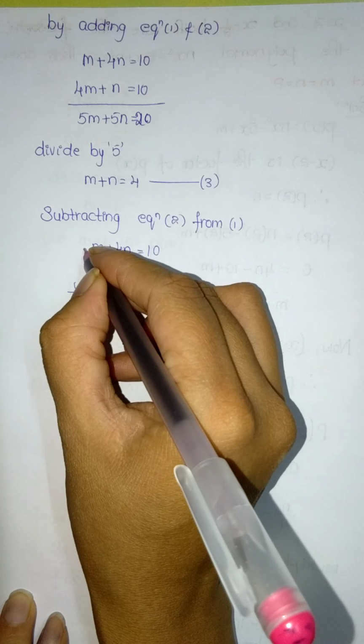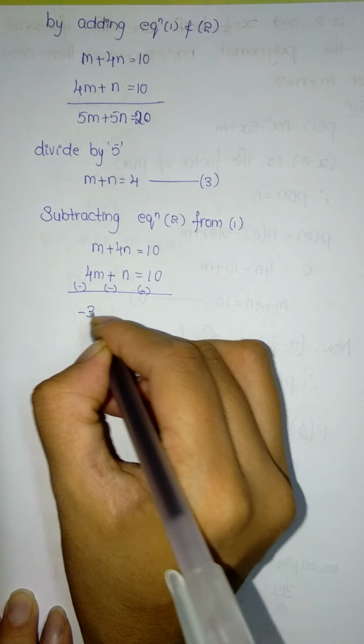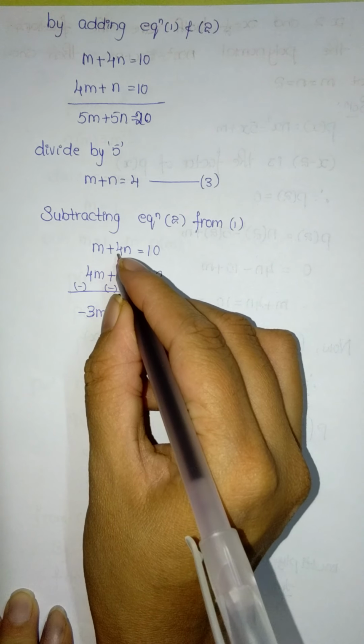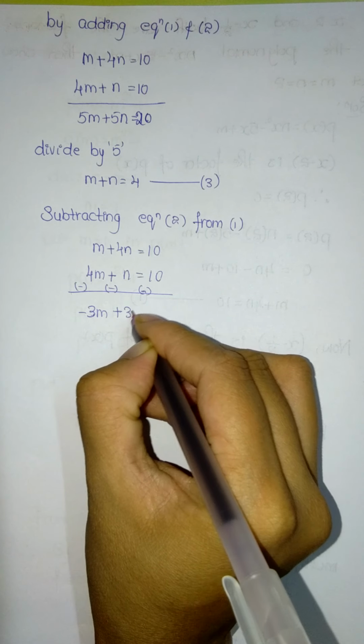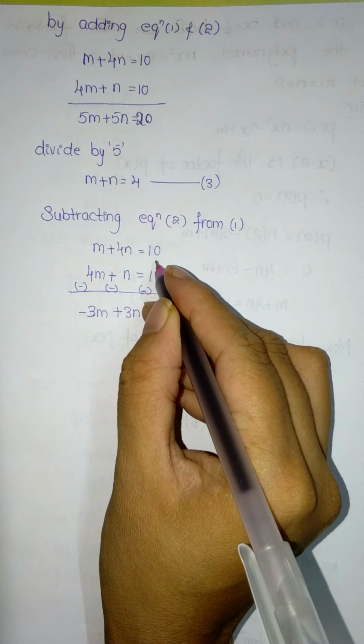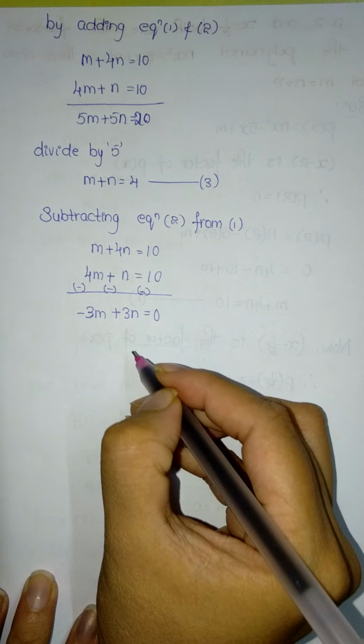So m minus 4m, it becomes minus 3m, and 4n minus n becomes plus 3n, equal to 10 minus 10, which is 0.